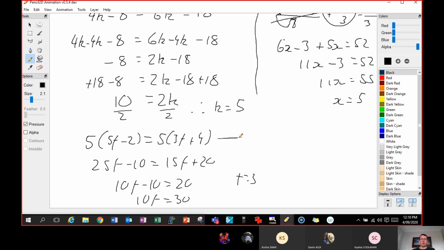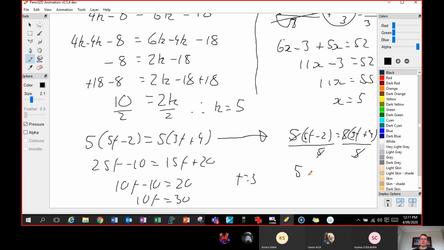But alternatively, what we could have done to start off with is divide by 5 on both sides. Because 5 goes into 5 and 5 goes into 5, it wouldn't have mattered if this number was 5, 10, 15, 20, or whatever. If you divide both of these by 5, you're going to eliminate that 5 straight away.